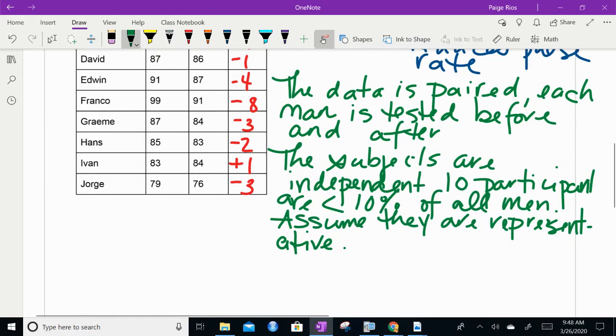Yep. So we've got right there, we're going to copy that histogram best we can. So when I look at that histogram, it looks something like this. Okay.